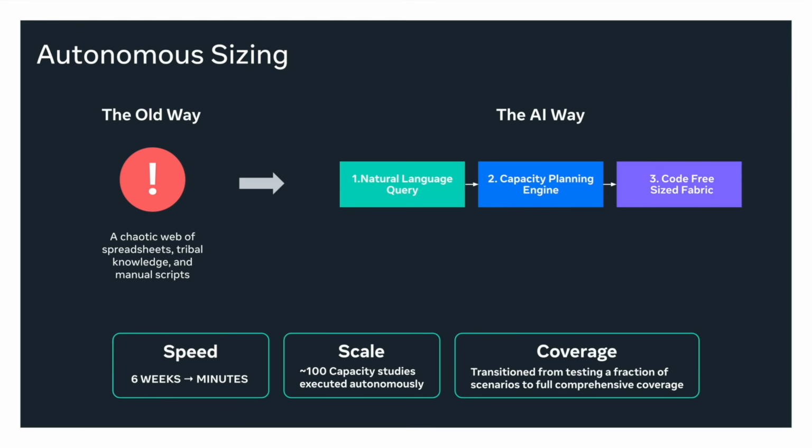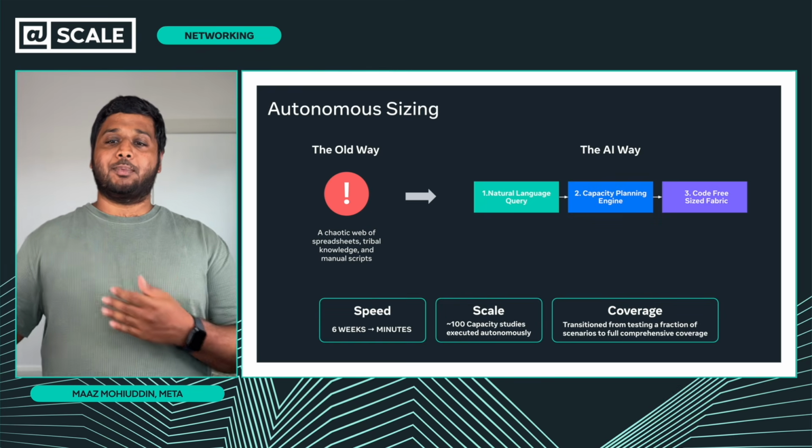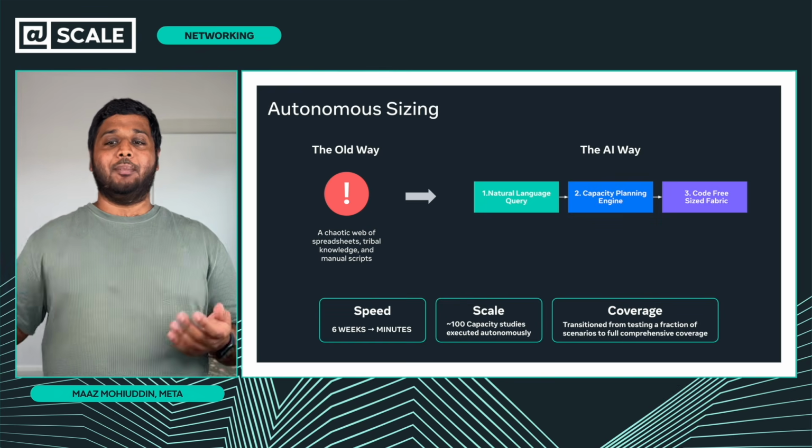Now, it is as simple as a natural language query to our capacity engine, which is driven by AI. The engine is a bunch of mathematical models, and AI agents trigger those models with the right set of inputs that are derived from the natural language query. For example, write for me a network topology that has X clients and has some level of oversubscription and meets a certain level of demand.